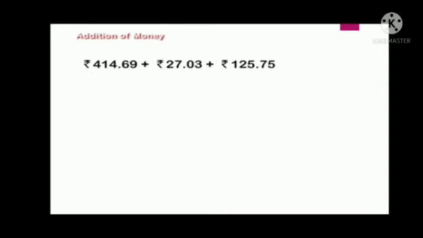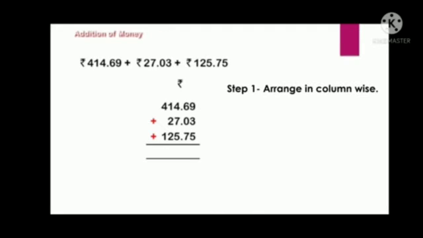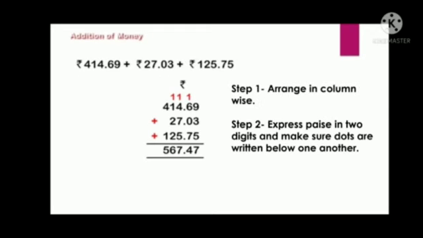So students, for adding, we must follow some rules or the steps. First step is arrange the numbers in column wise. Step 2 is express paise in 2 digits and make sure dots are written below one another.